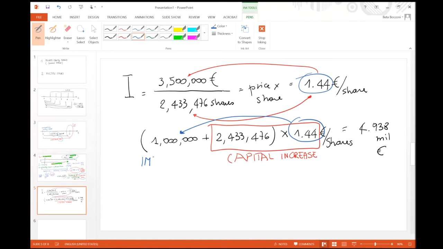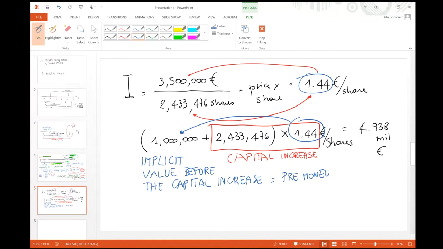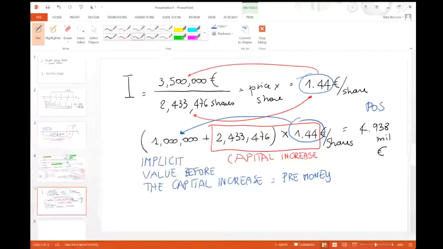This is the so-called implicit value of the company before the capital increase, before we enter inside the company. So if we consider the implicit value before the capital increase, we define this value as the so-called pre-money valuation compared to the post-money value that we can assign to this company.